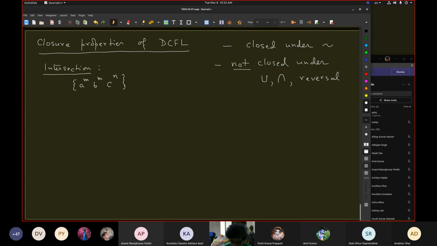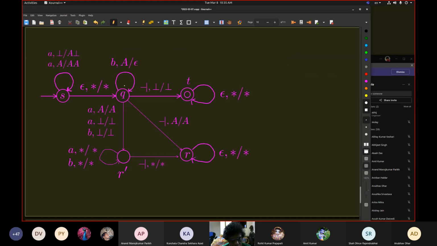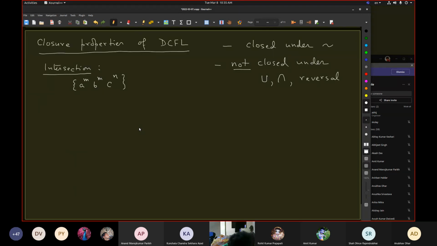M and n are independent. This is also going to be a deterministic context-free language. So you can design a PDA like this, just consuming the remaining c's. So this is a DCFL.